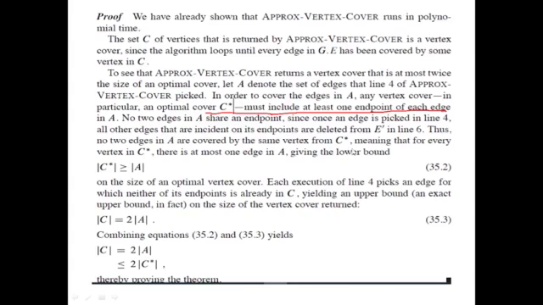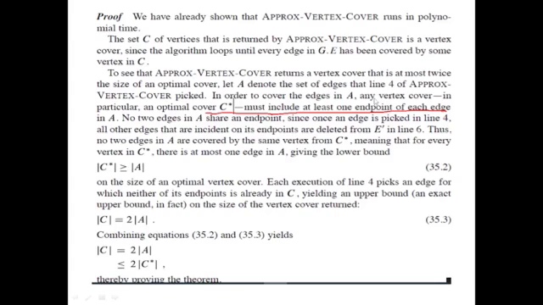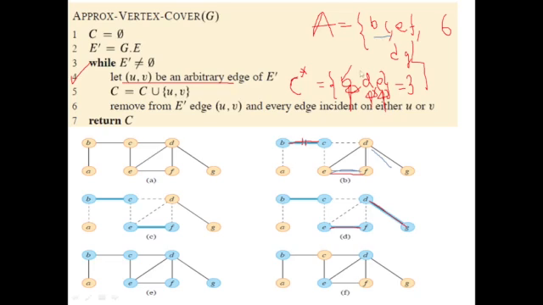No two edges in A are covered by the same vertex from C star, meaning that for every vertex in C star, that means B, D, E, there is at most one edge in A. You agree or not? For vertex B, there will be at most one edge, BC.